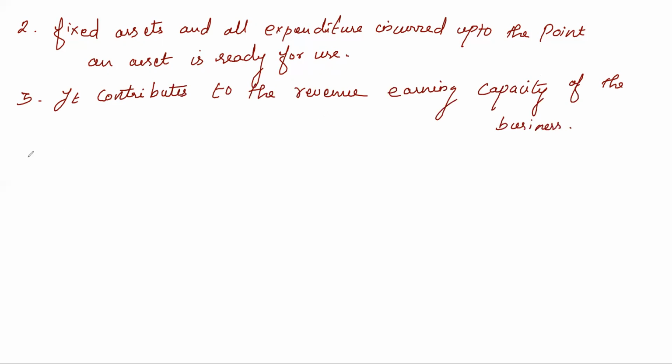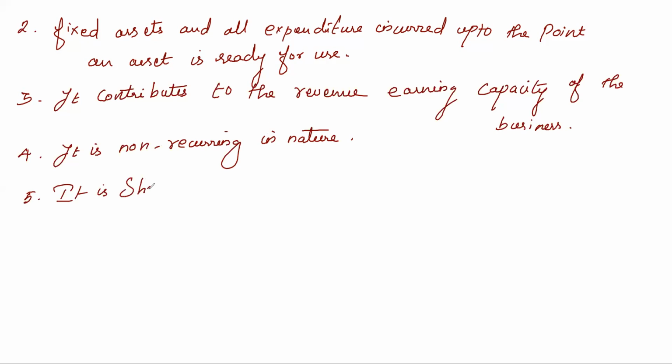Then fourth one is it is non-recurring in nature. Then fifth one is it is shown on the asset side of the balance sheet.